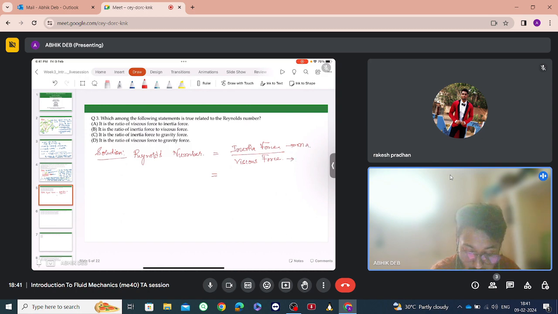And the viscous force: first we can find the viscous stress, which is mu du by dy, or dv by dy.